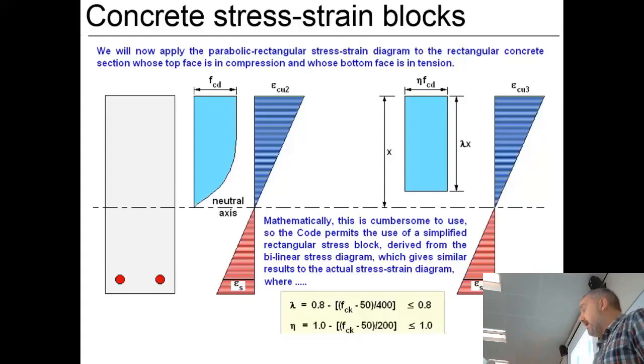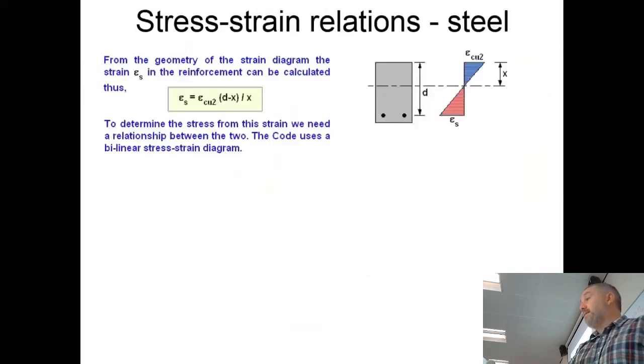So again, all we're doing at the moment is playing around with the stresses and the strains and the dimensions of the concrete beam in order to come up with formulas that will help us work out the areas of steel or the moments depending on a particular dimension. You'll see that there's this formula, and this is using similar triangles.